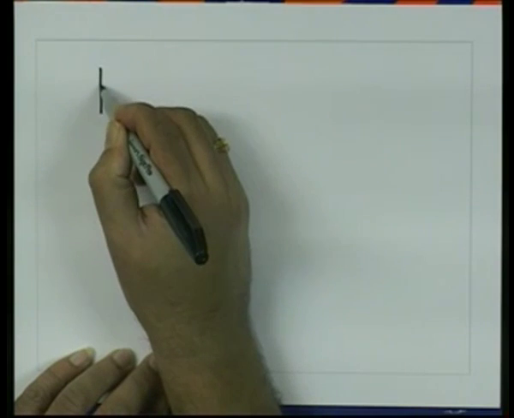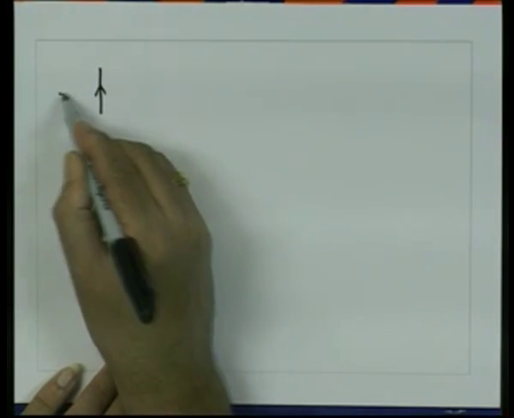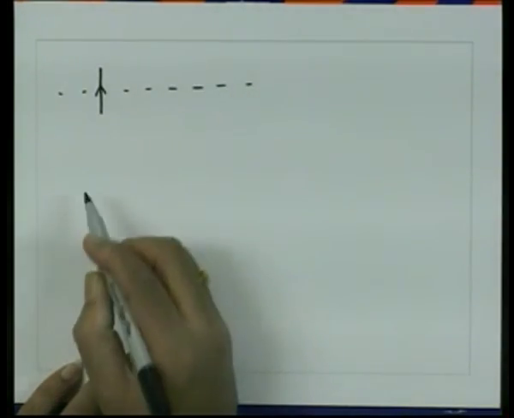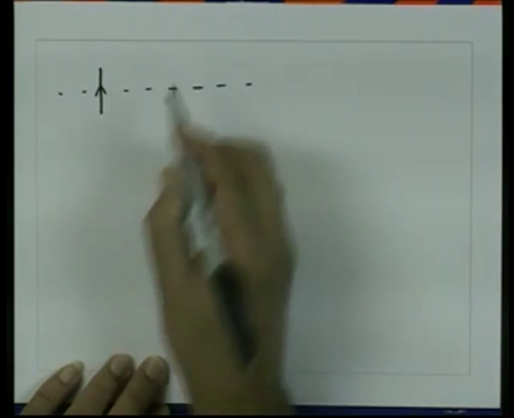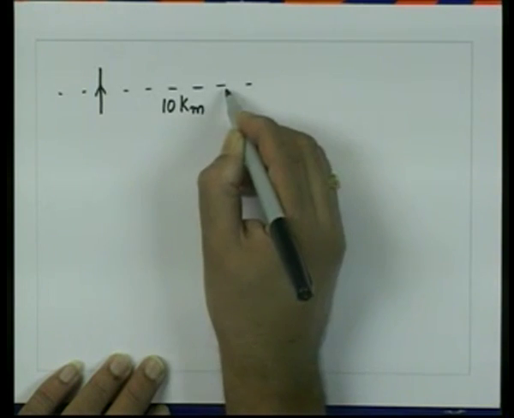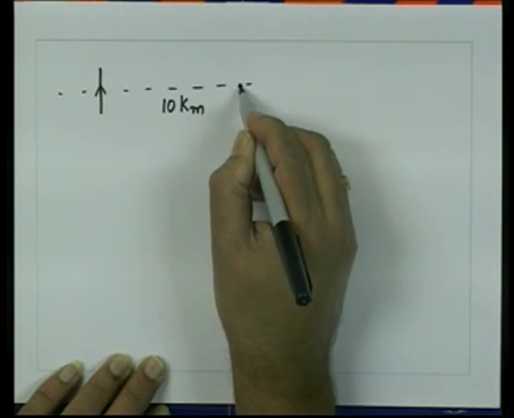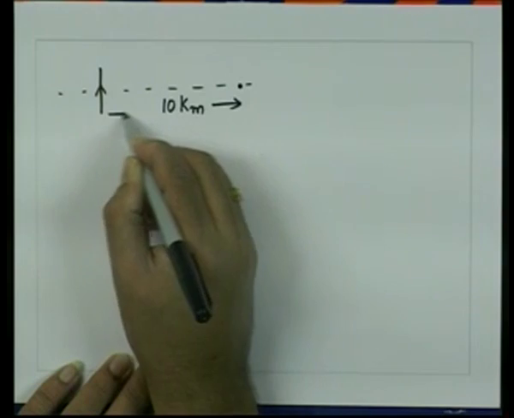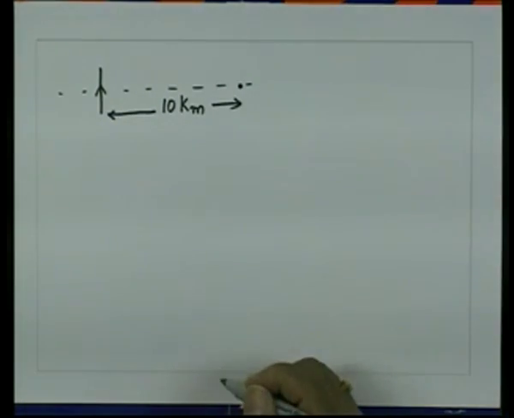So, the problem is, we have the Hertz dipole here, the horizontal plane which is passing through this, which will be this. So, at a distance of 10 kilometer in this direction, you have to find out the electric field.